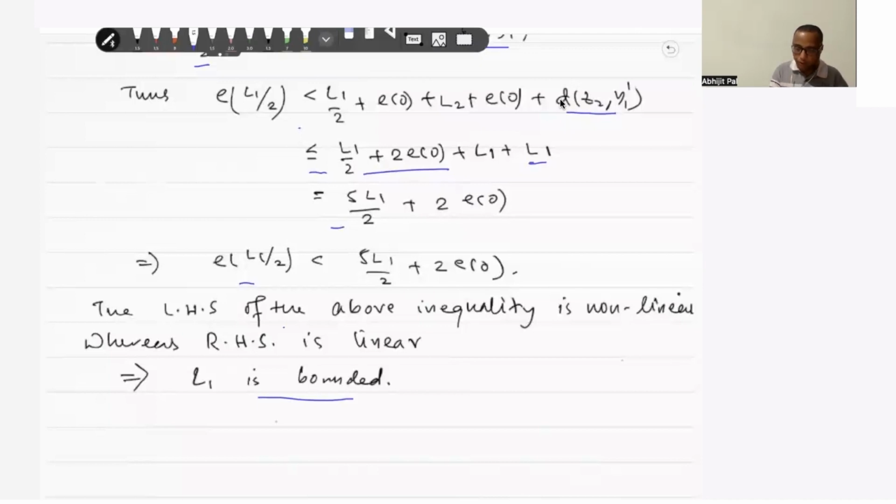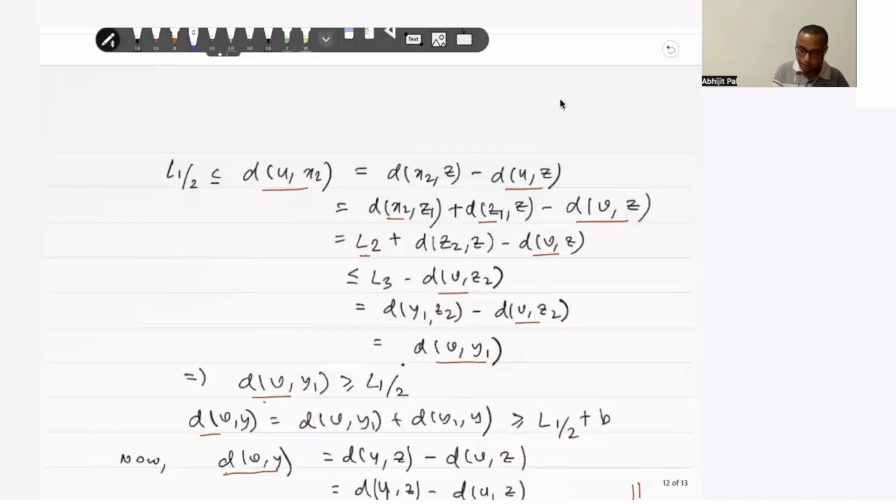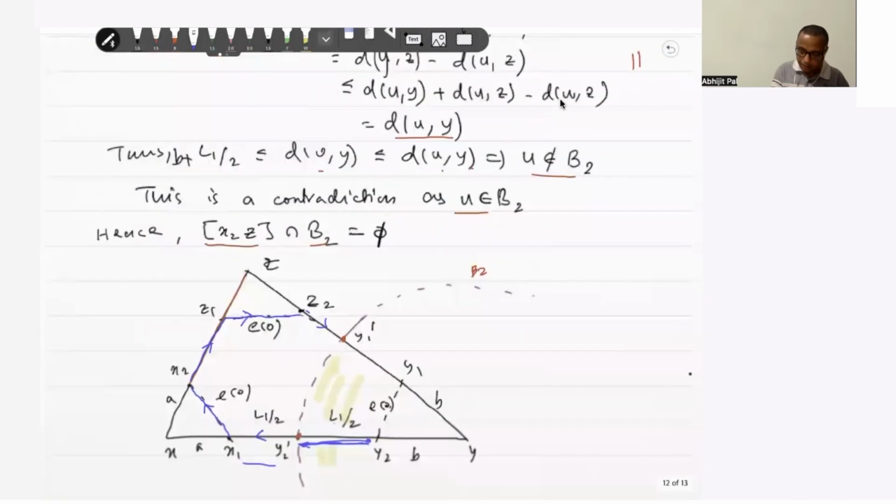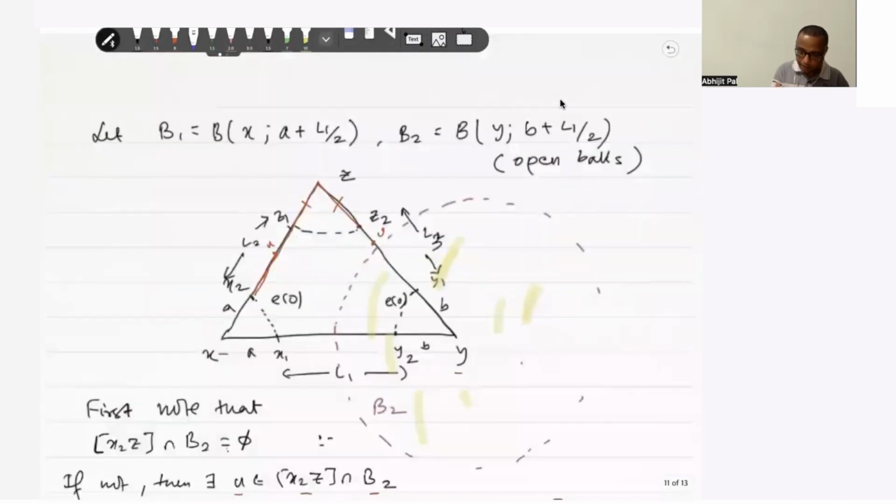So we have proved that L1, L2, L3 are bounded in terms of E naught. Therefore, this triangle will be a slim triangle. Okay, I'll stop.